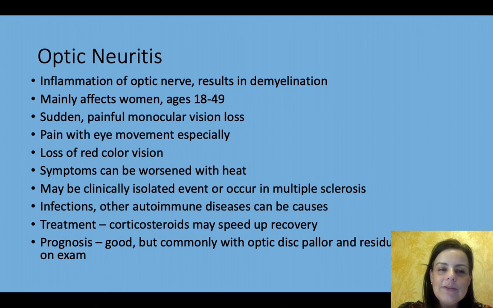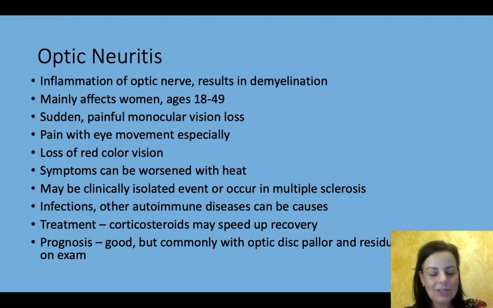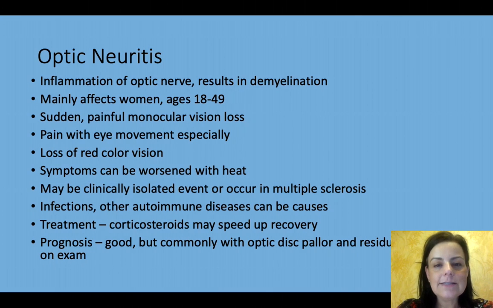And so there's kind of a little bit of an overlap with this optic neuritis. You can have people that get optic neuritis and never get any other problems. You can get people that get optic neuritis and then have other episodes of demyelination and ultimately get diagnosed with something like multiple sclerosis or one of the other demyelinating diseases.